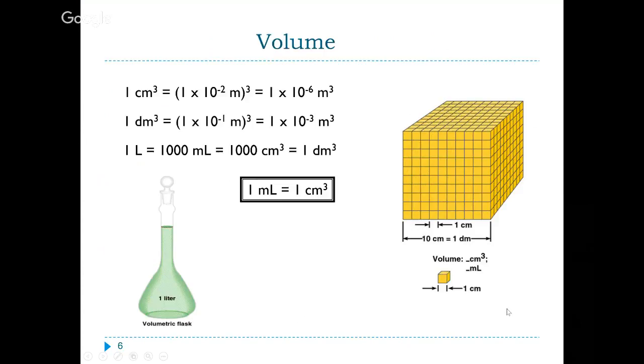So anytime you see a milliliter, you can just replace it with a centimeter cubed because there is a 1-to-1 relationship here. That allows us to convert between solids and liquids. For a regular solid, like a perfect cube, we measure length, width, and height to get a volume.